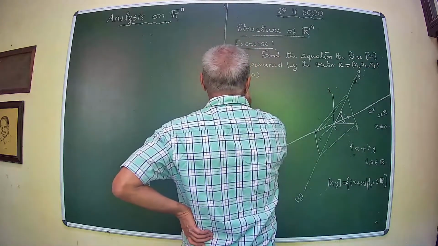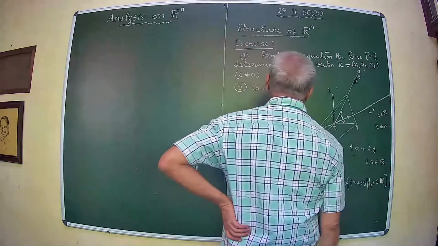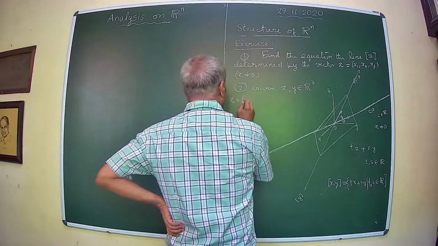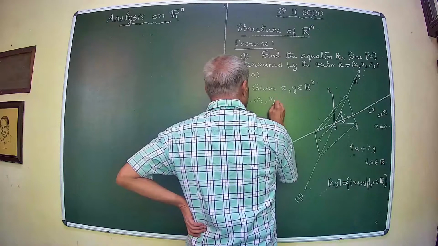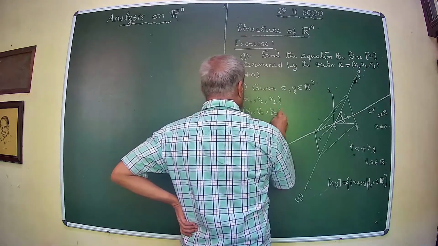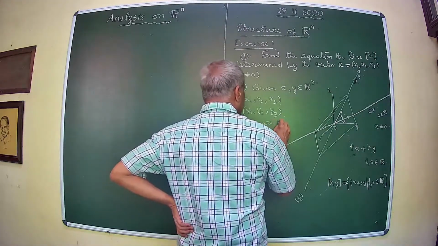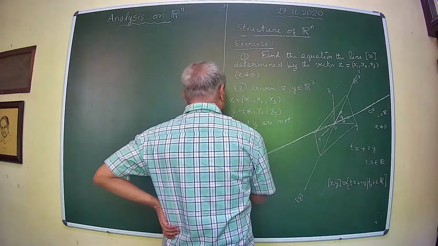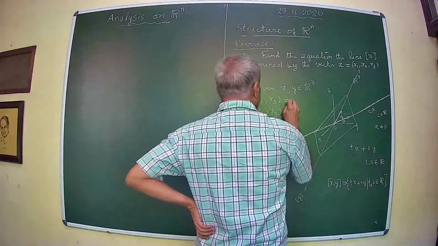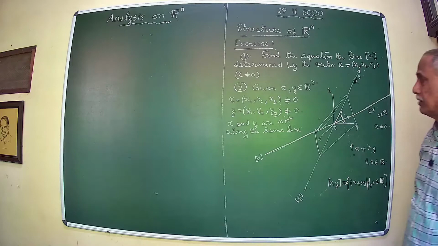The second problem is: given x, y belonging to R3, I take x not equal to 0 and y not equal to 0, by which I mean at least one of the components is different from 0.